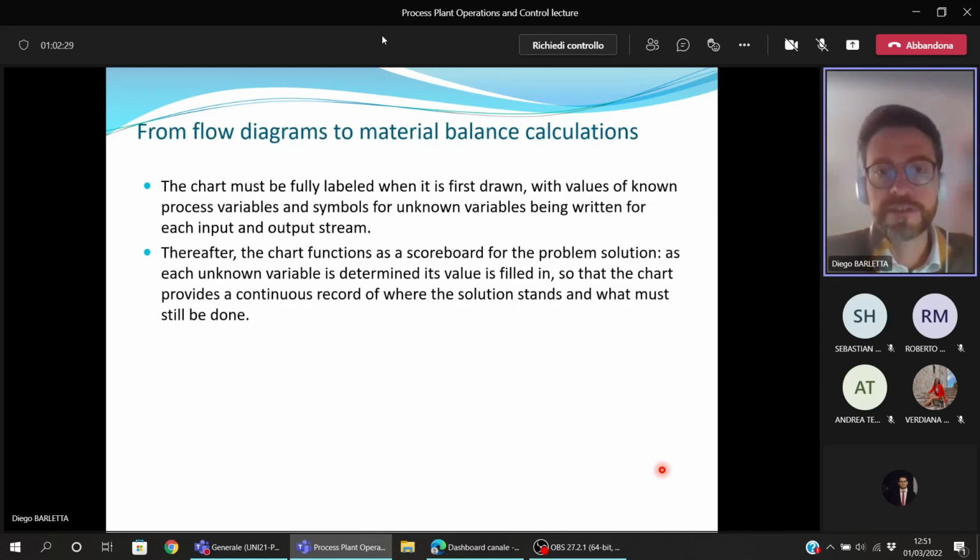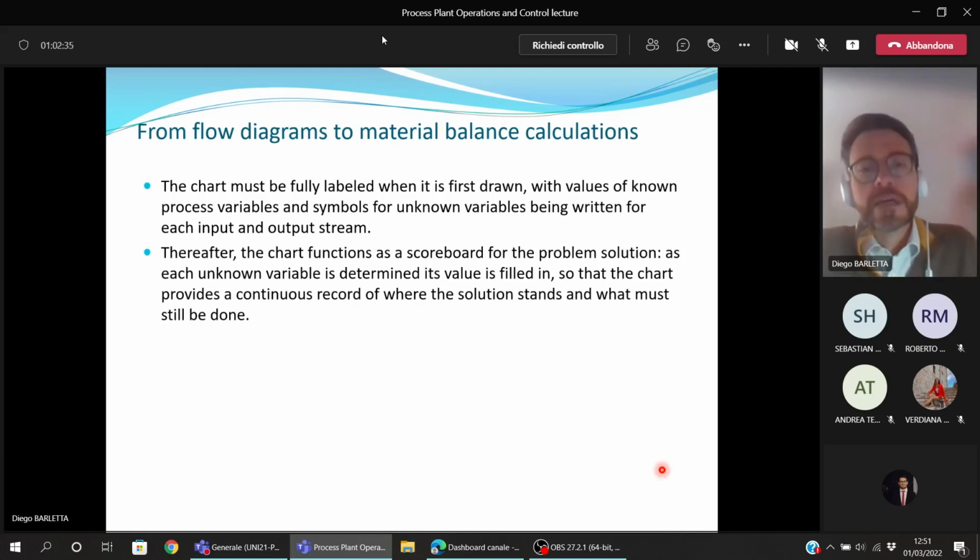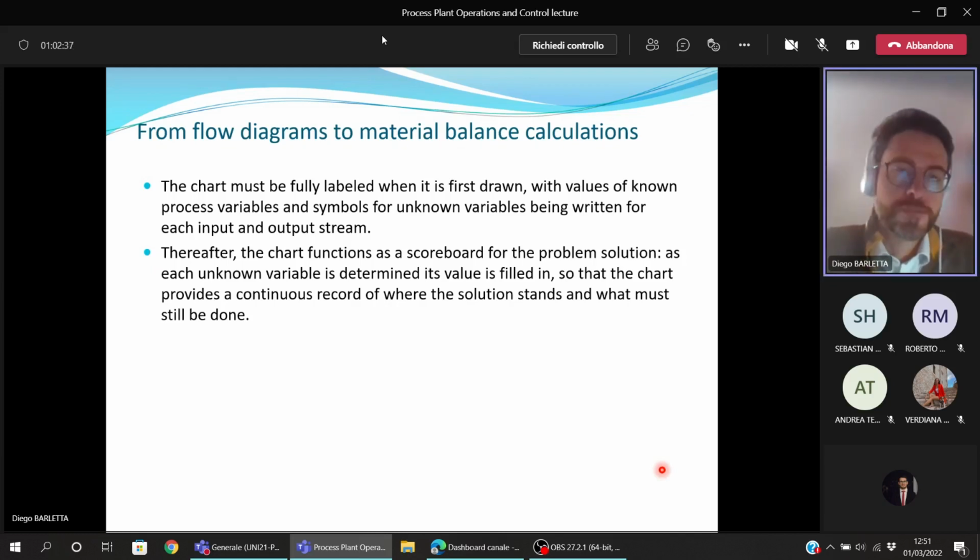So after doing this, we can use the chart as a scoreboard for the problem solution. So this means that we could eventually fill in the information on the chart, making some very easy algebraic calculation separately.